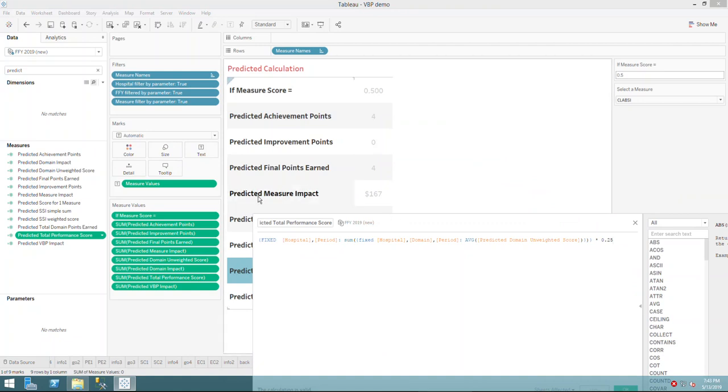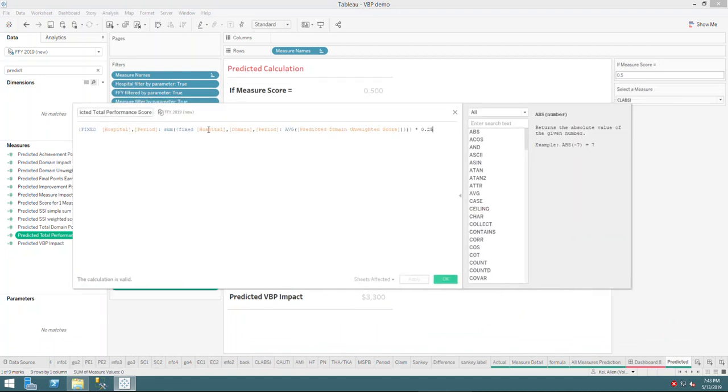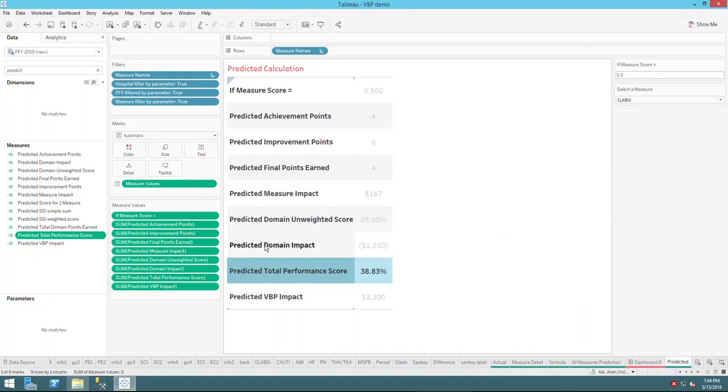When you are working on the measure level, we are still doing the row level calculation. But when you keep going up to a higher level, let's say the domain and then the institutional level, you need to take the sum per domain level, or the sum per measure level. So you need to use level of detail to achieve this purpose.